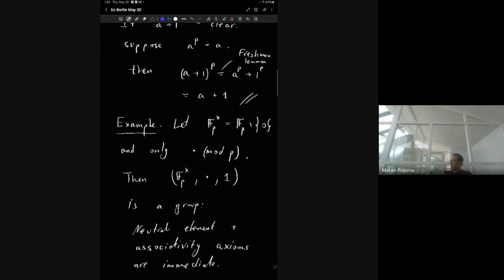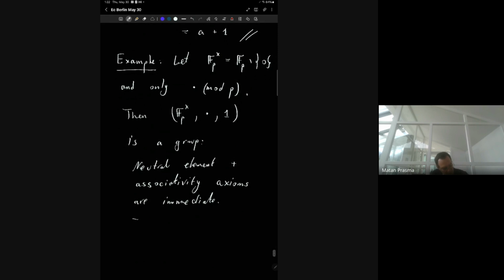What requires some argument is the inverse axiom. So for the inverse, let A be an element in F_P star, i.e., A is a number between 1 and P minus 1.